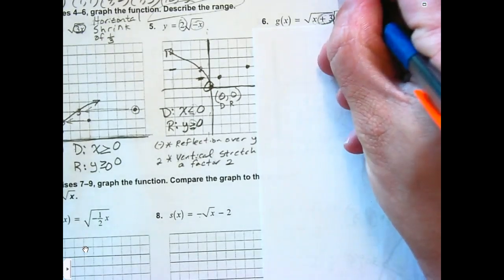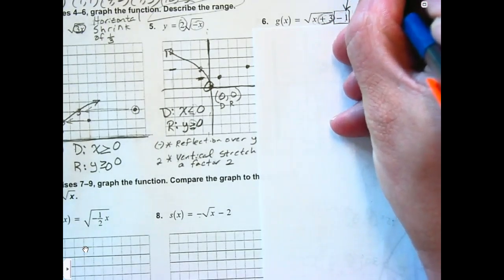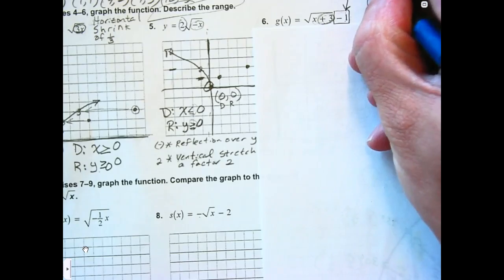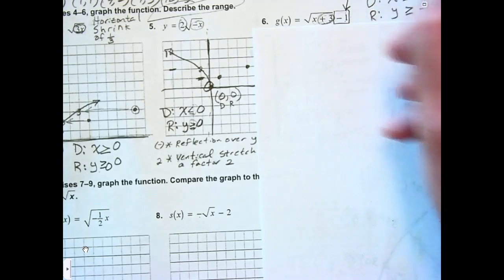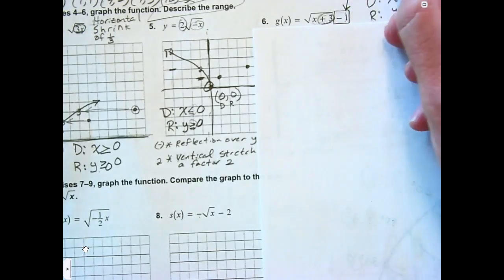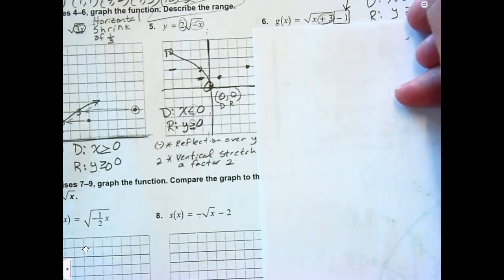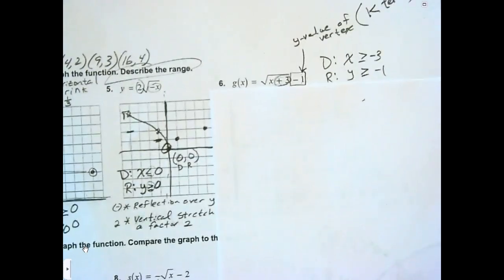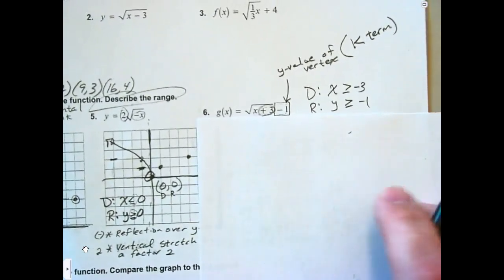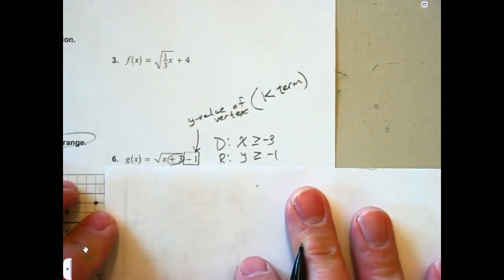That's the y value of your vertex. In math, we call that our k term.